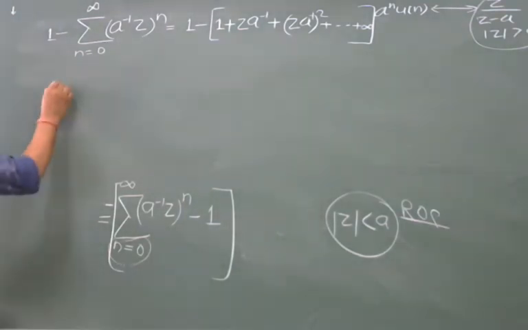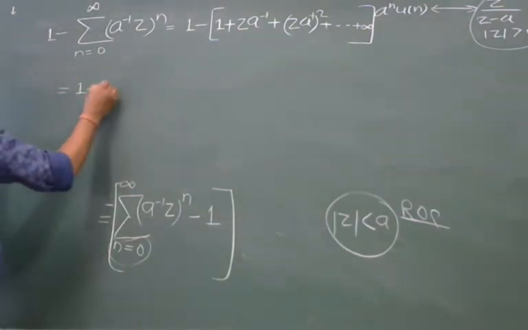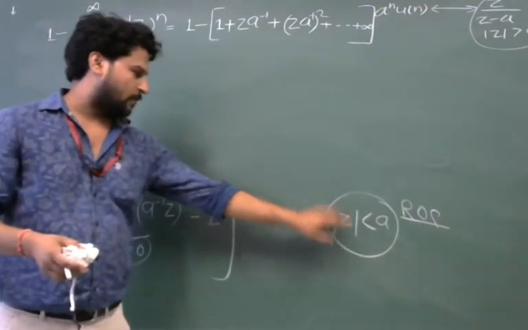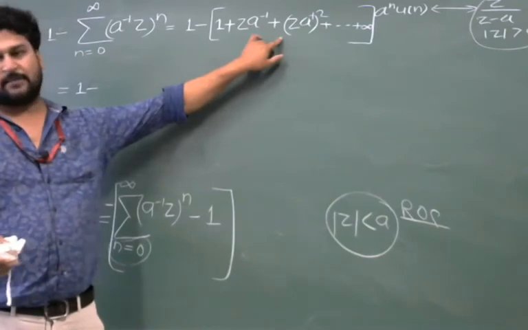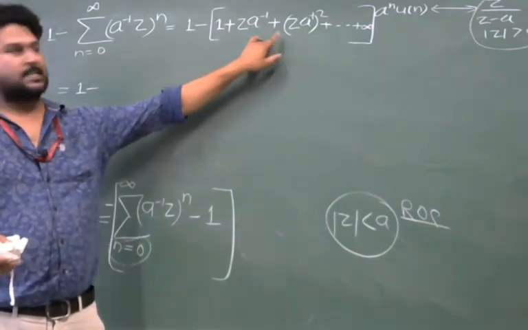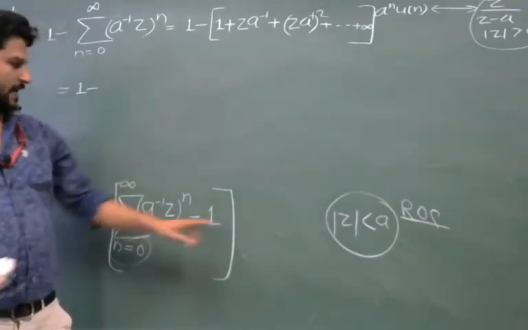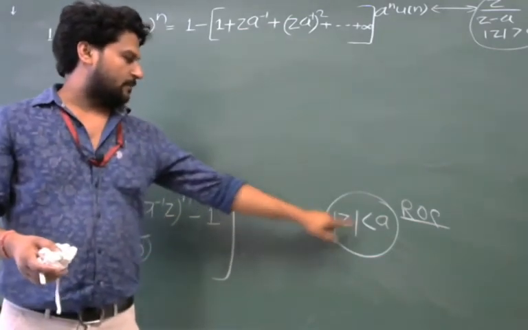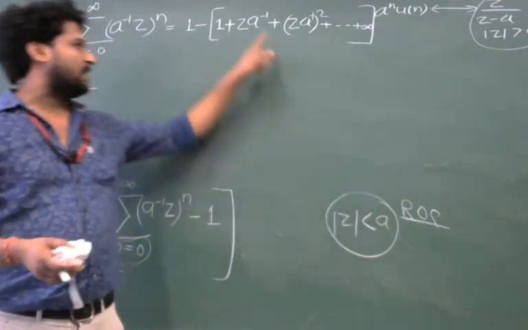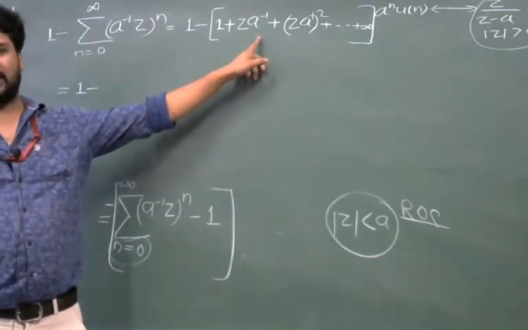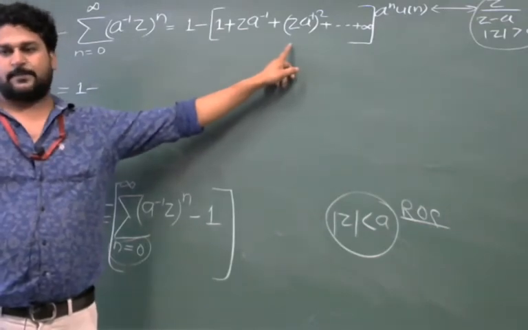The condition we found out already for the existence of this series is that z a inverse should be less than 1. From there we will get mod of z should be less than a. It is a compulsory and necessary condition for the convergence of this series.